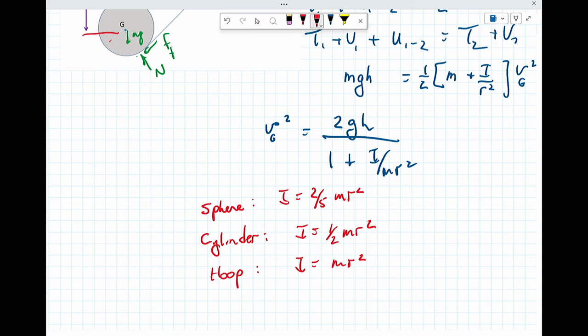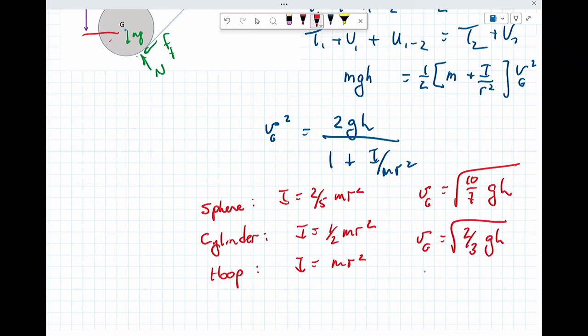In all of those cases, I'll get different numbers: V sub g equals square root of 10/7 GH, V sub g equals square root of 4/3 GH, and V sub g equals square root GH.